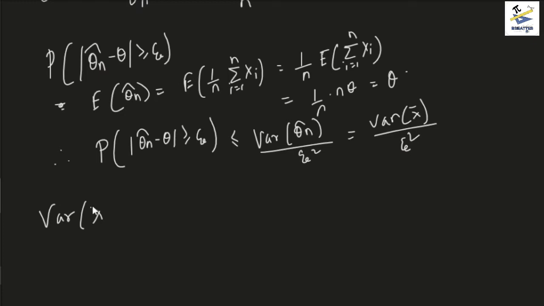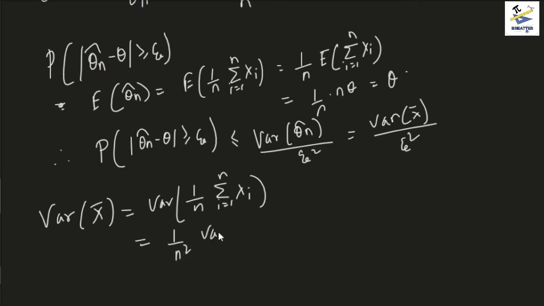Variance of x bar is simply equal to 1 by n square times variance of summation from i equals 1 to n xi, and this would be n into sigma square, so it becomes sigma square by n, right?